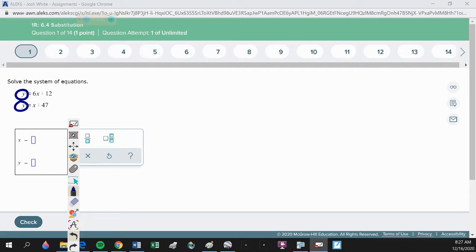So that is the same variable in two different equations, which means this top equation has to be equal to the bottom equation. So I take one of the y equals and I replace y with x plus 47. On the left side I now have x plus 47 equal to 6x plus 12.